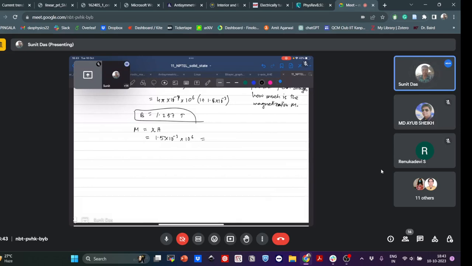So this will be 1500 ampere per meter. This is another part, and now finally we need to answer which type of magnetism it shows, right?